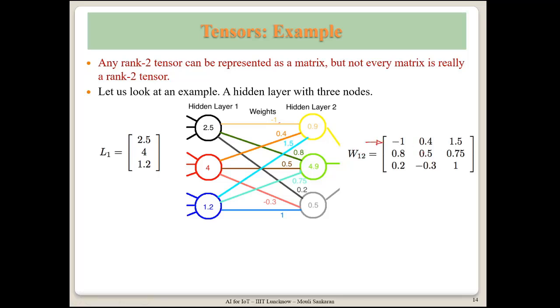Is this about a particular node, or is it about the next node, or does one row correspond to a next node, or does it correspond to the one input node? Now you see that -1 is here, 0.4 is here, and 1.5 is here.